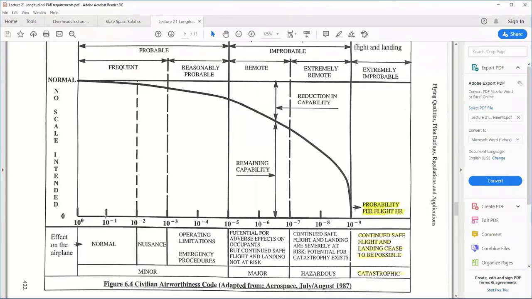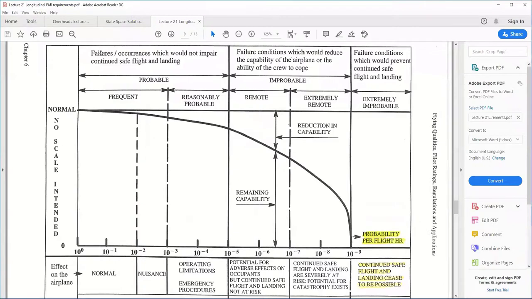So it looks like there's a vertical scale and a horizontal scale. But notice they say no scale intended. So what it's really saying is that if you have a failure, but it would not impair continued safe flight and landing, it can have a probability of happening of like 10 to the minus 1, 10 to the minus 2, 10 to the minus 3, depending on what the effect on the airplane is.